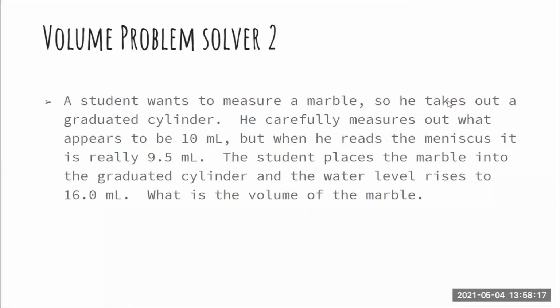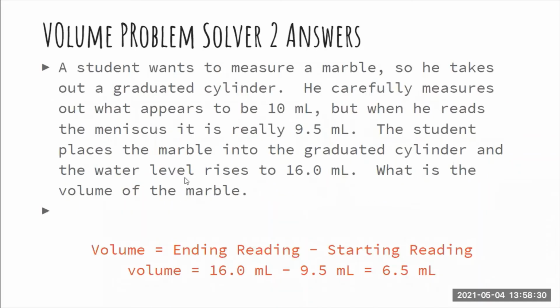Okay, so when you see the words graduated cylinder, please remember you're looking at the displacement method. So the displacement method says your final minus your starting. But we didn't start at 10, we started at 9.5. So volume equals ending reading minus starting reading. So 16 minus 9.5 gives me 6.5 milliliters for the volume of the marble.